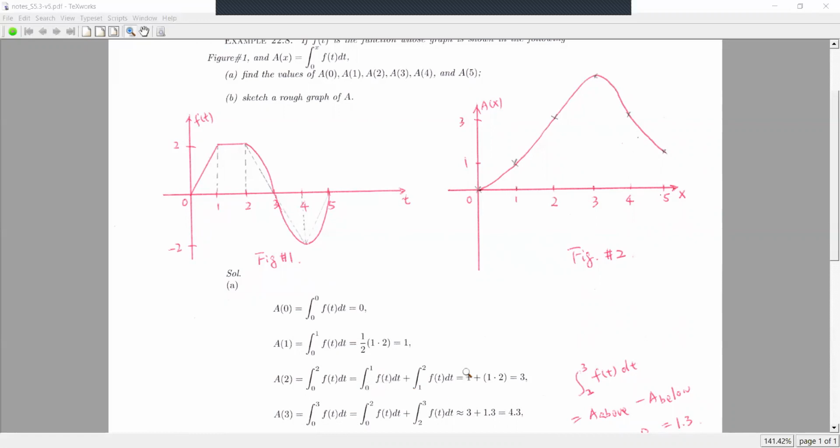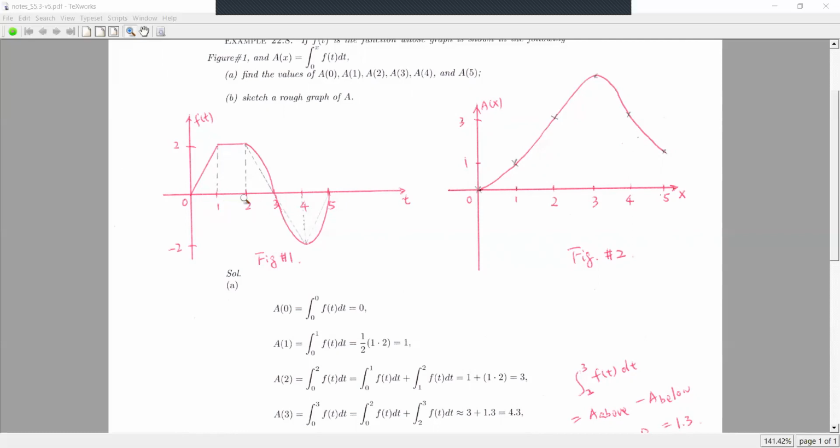Now I need to compute the integral from 1 to 2, the net area of the region between 1 and 2. This region is a rectangle above the t axis, so the net area is the area of the rectangle.